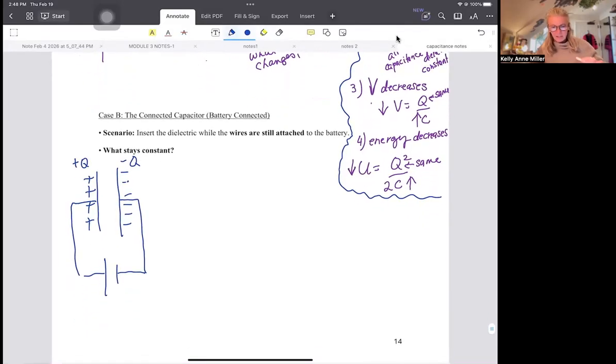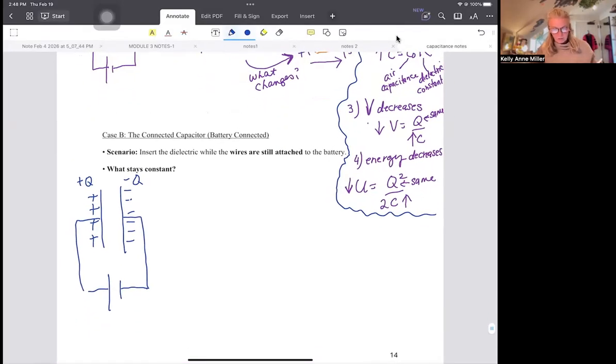Then I insert the dielectric while the wires are still attached to the battery. The same thing happens: you get this polarization inside the dielectric, and that creates its own E field, which opposes the external E field from the capacitor plates.